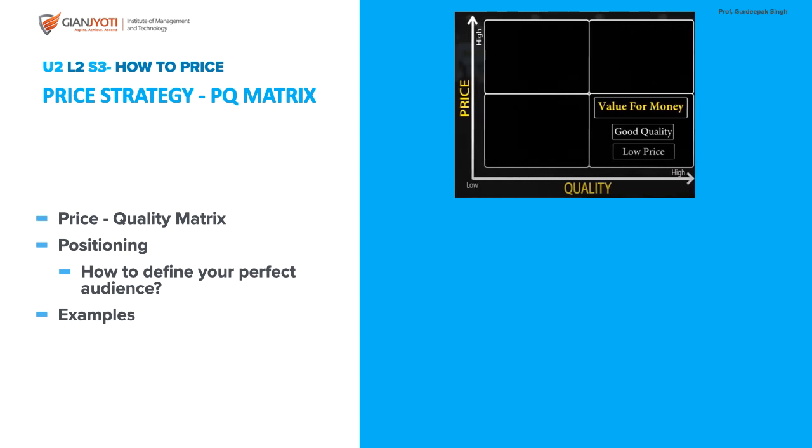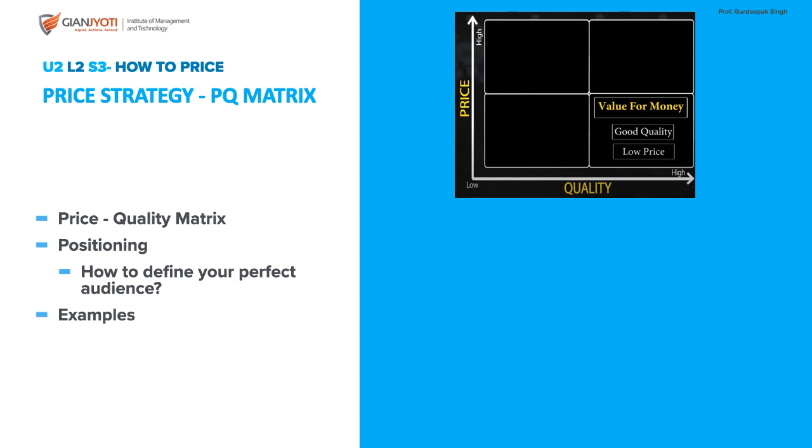So this is your metrics where you have price and quality. The first box, the quadrant on the right bottom, is where the quality is, I would say, good and the price is low. We call this quadrant in PQ metrics value for money.